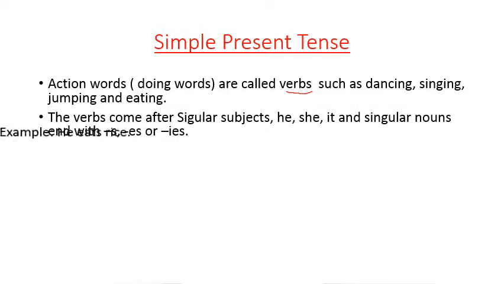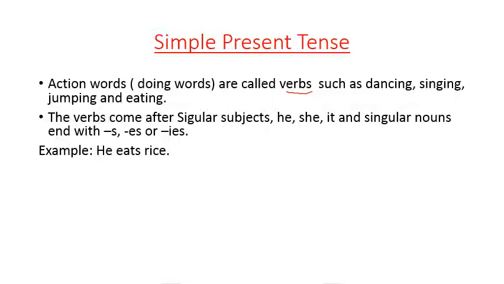For example, we can say he eats rice. Eat is the base form of the verb, but when we use he there, we have to put s after the verb. So we say he eats rice. We can't say he eat rice because it's a singular subject.